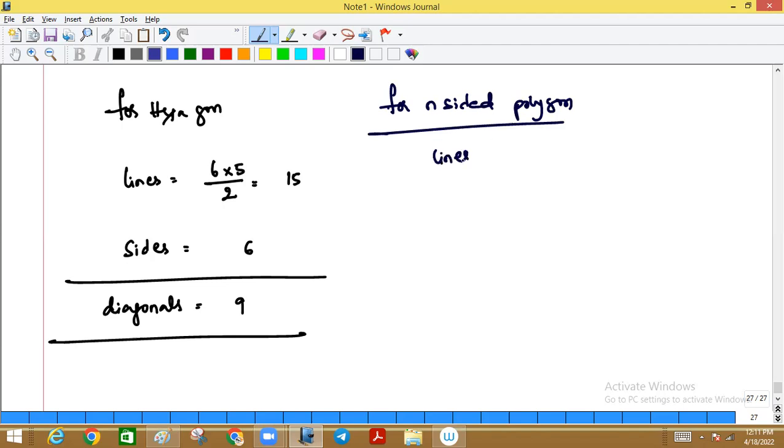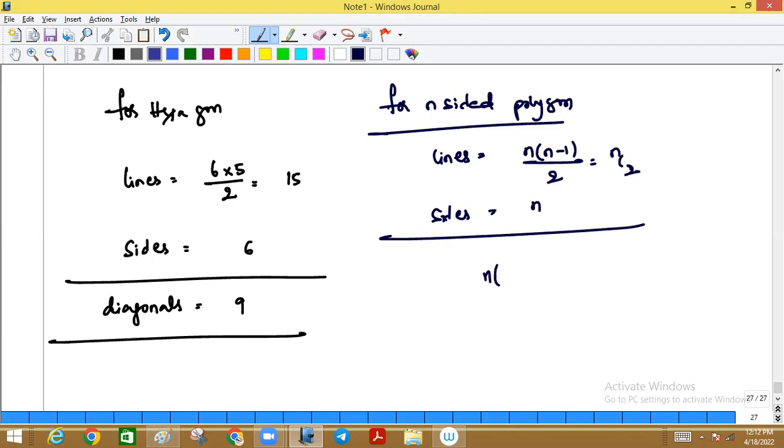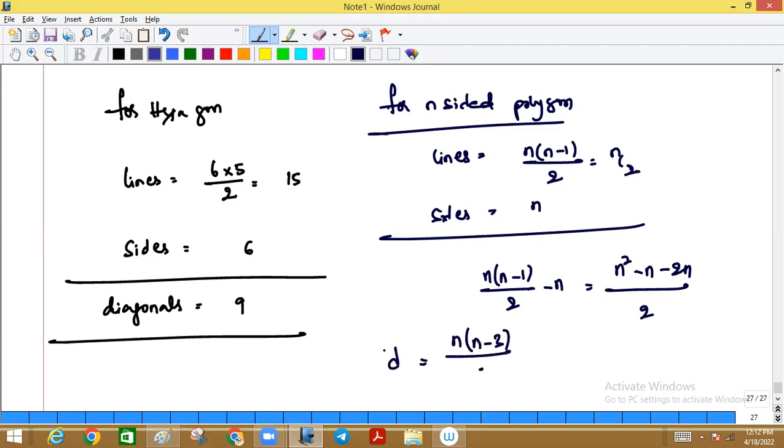lines are n into n minus 1 by 2. This is actually nC2. Sides, subtract: n into n minus 1 by 2 minus n. That is n square minus n minus 2n by 2. Final, the formula for the number of diagonals is simply n into n minus 3 divided by what?